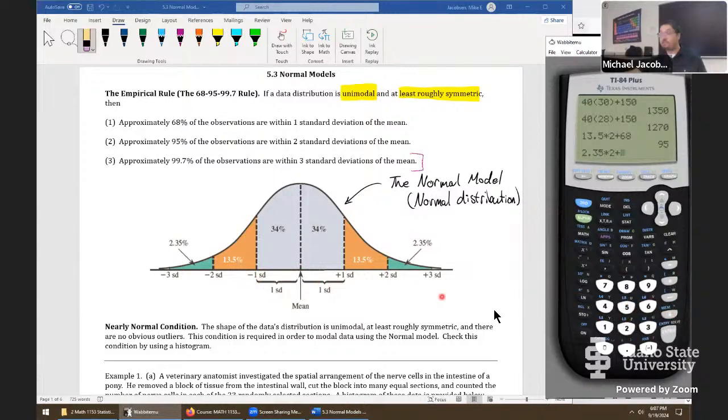Same with this one, 13.5. Double that one. And then add the middle, which is 68. Comes out as 99.7, and that's kind of interesting, because if we're talking percentages, where's the rest, right?